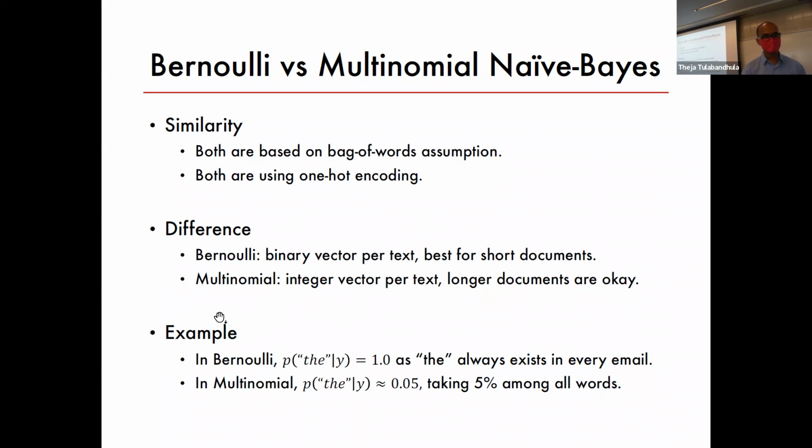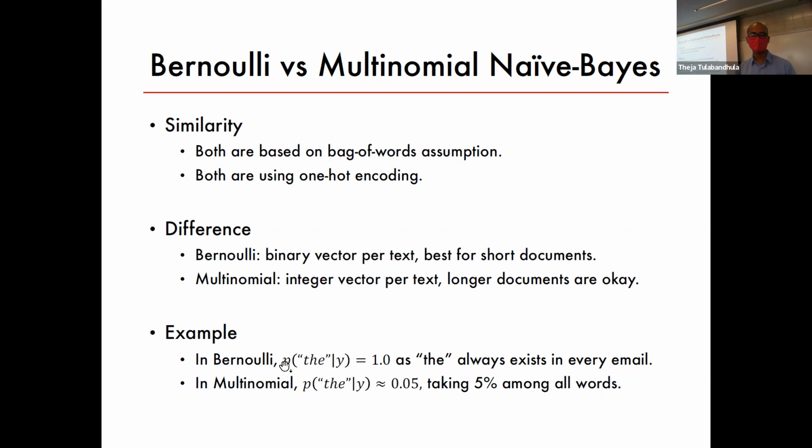I guess that difference basically manifests in Bernoulli: probability of D given the class could be 1, as D always exists in both, irrespective of which class you are in. Whereas in multinomial, probability of D given Y could again be high, but it's a proportion, it's a number.